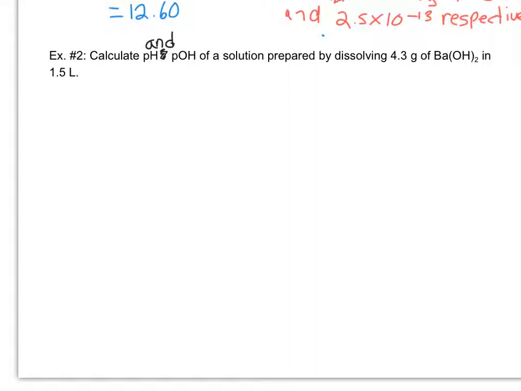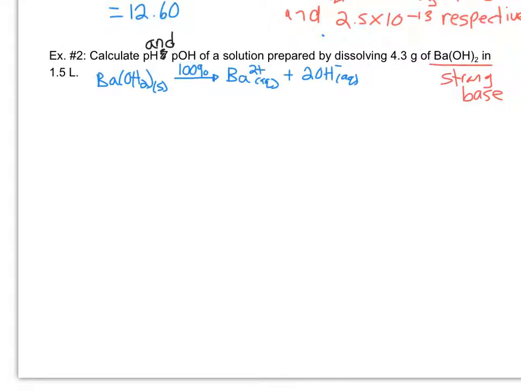So again, we recognize that the barium hydroxide is going to be a strong base. So that means it's going to completely dissociate into its ions. So the dissociation is going to look like this. We also know that because it is making 2 hydroxides here, the concentration of our hydroxide ion is going to equal 2 times the concentration of the barium hydroxide.